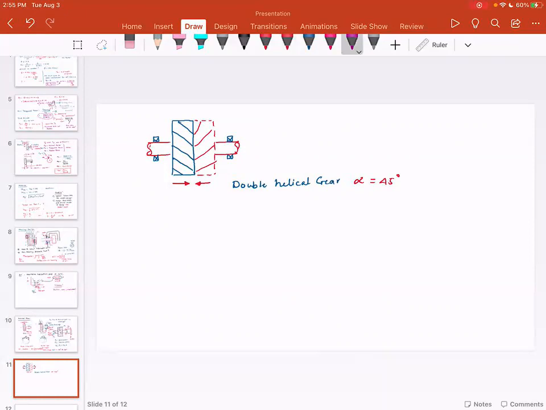Now, what is the difference in terms of the design process for the spur gear and the helical gear? First and foremost, design of helical gear is similar to spur gear.